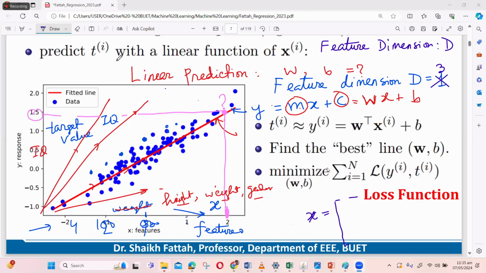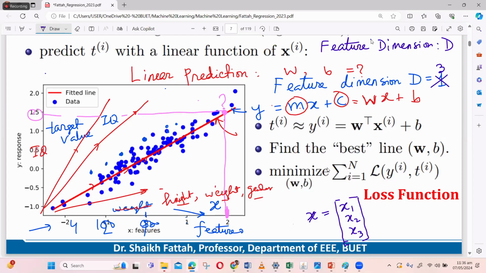Okay, so what we were saying is that in this case, when we consider more, the feature dimension will increase, not one feature. There will be three features. So we can write x1, x2, x3, three features.